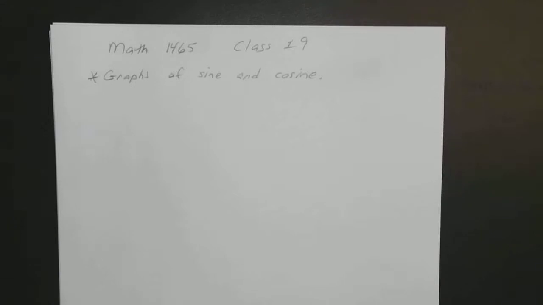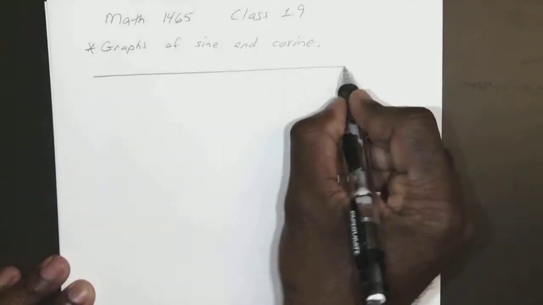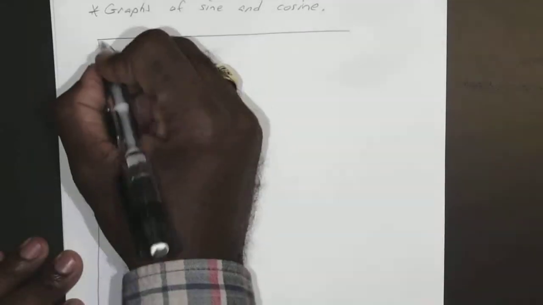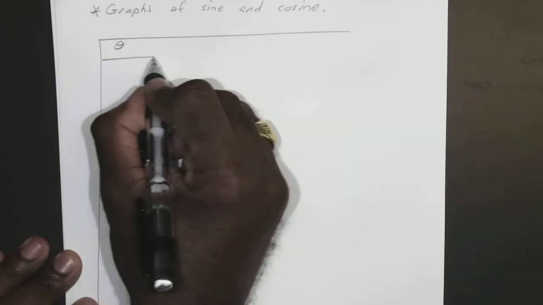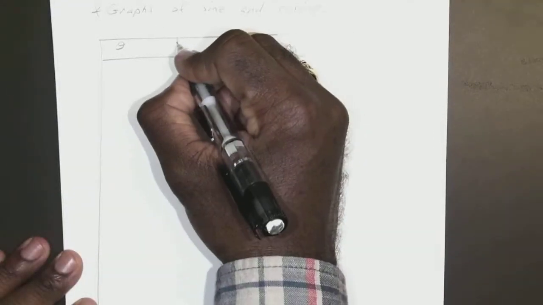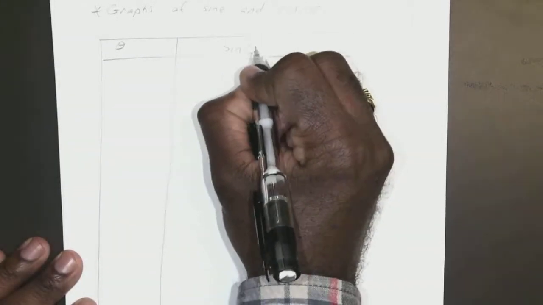Okay, and we're just going to do it for sine because these are kind of lengthy, so you don't have to write it for all of them. Okay, so let's say if we have our graph here, so let's say these are our theta values. And this is our sine of theta.